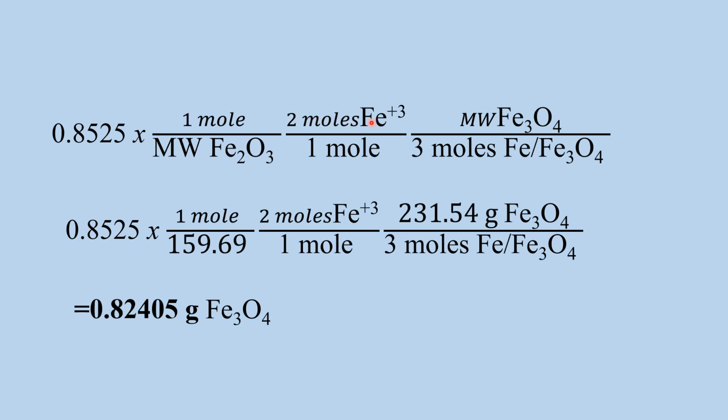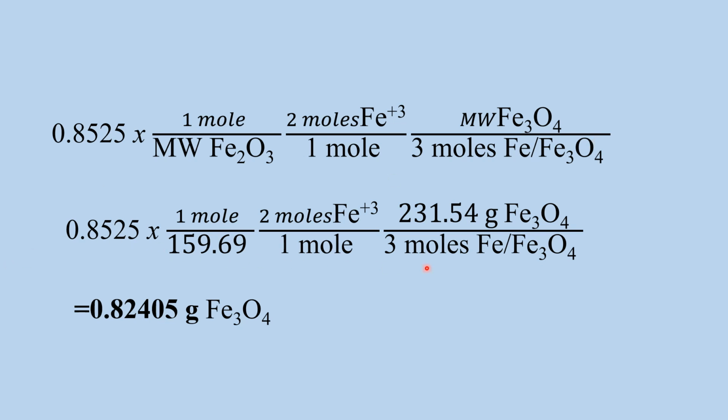Then, as I was explaining earlier, each Fe3O4 will need 3 iron units, so you need to divide it by 3. And of course, to convert it to Fe3O4 magnetite, you need to multiply it by the molecular weight of Fe3O4 to give you, from grams of ferric oxide, this is reported as grams of magnetite.